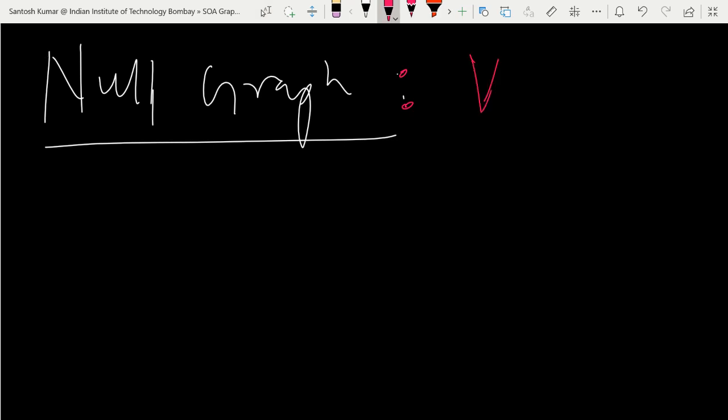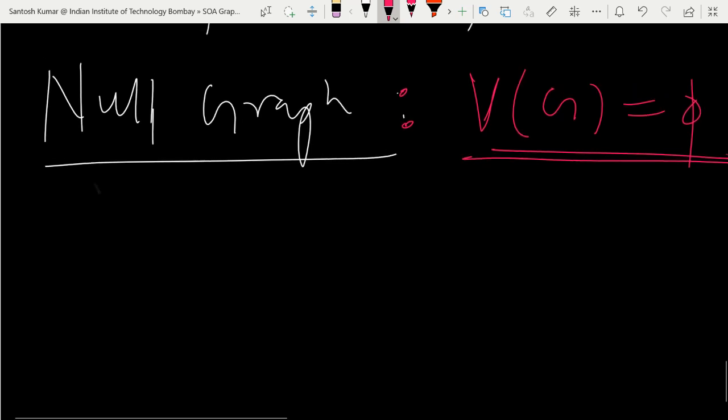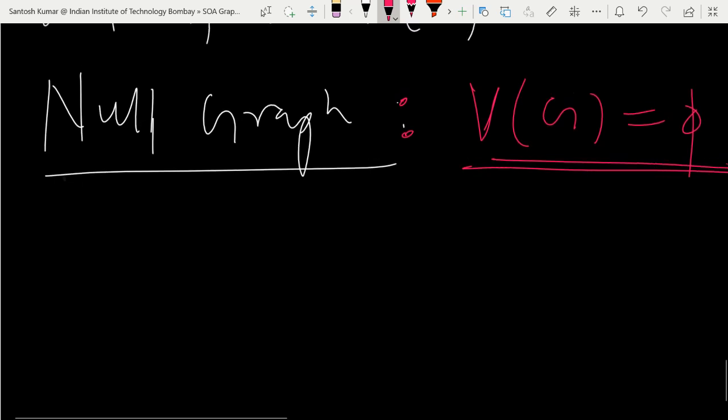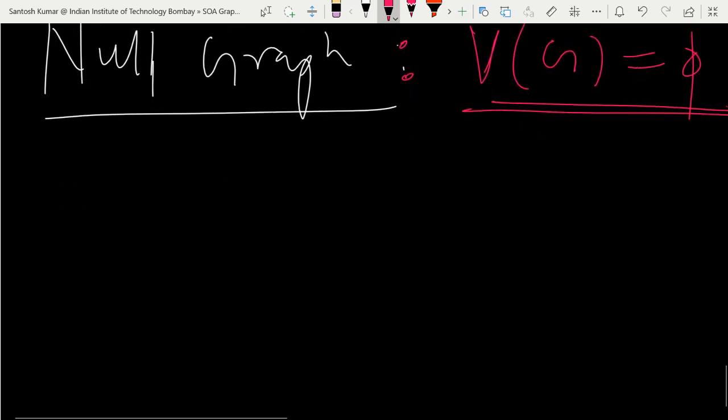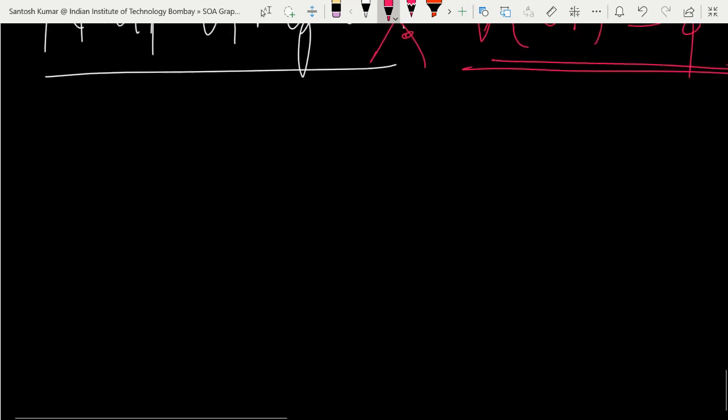This situation we will not consider in the course, as it would create confusion or ambiguity. You cannot really imagine any graph without any vertex. So we'll not consider this type of graph in this course.